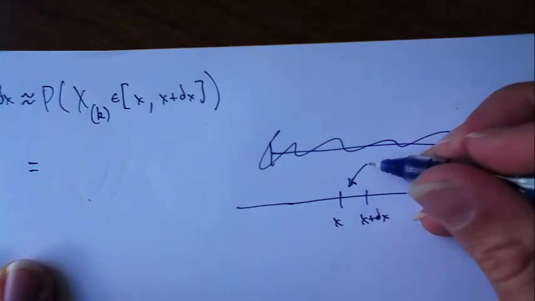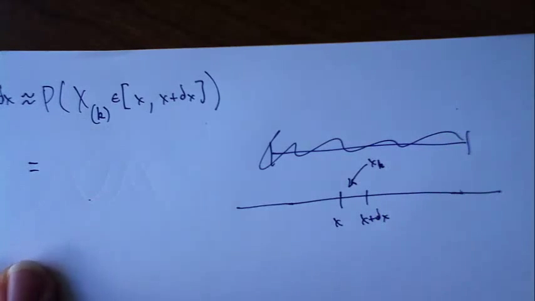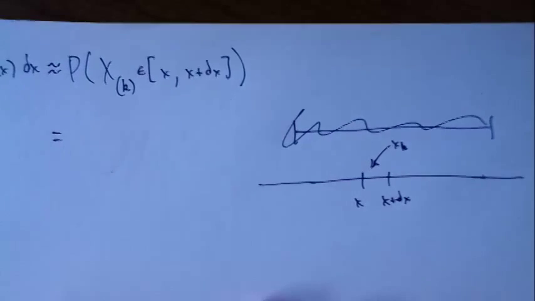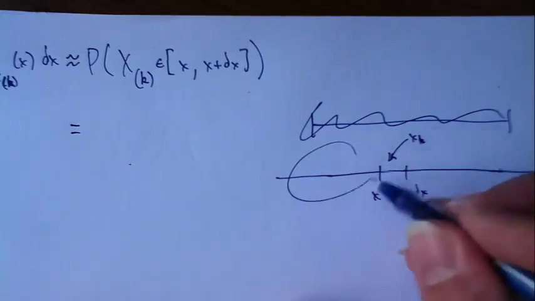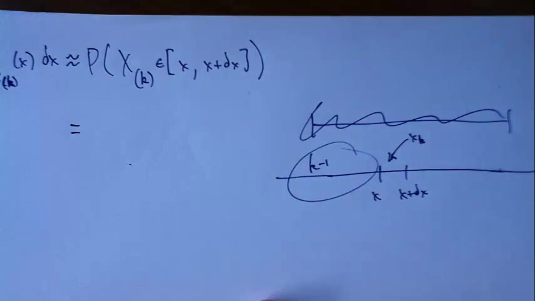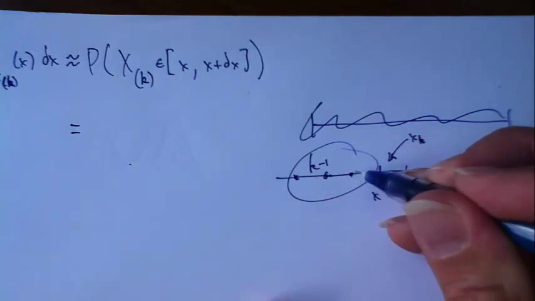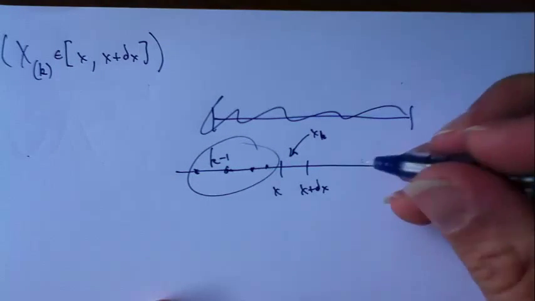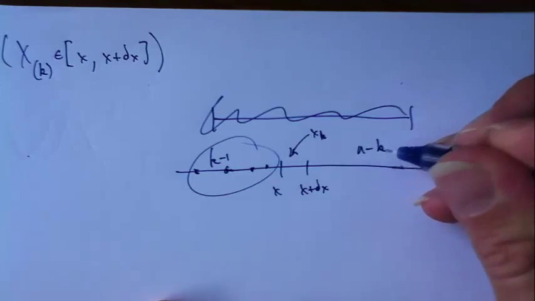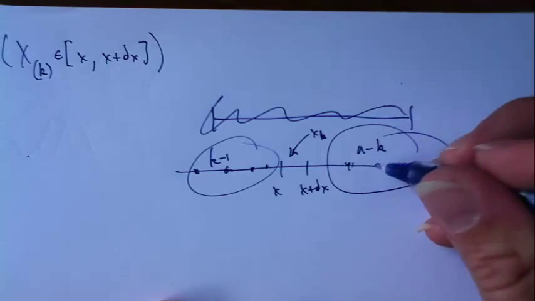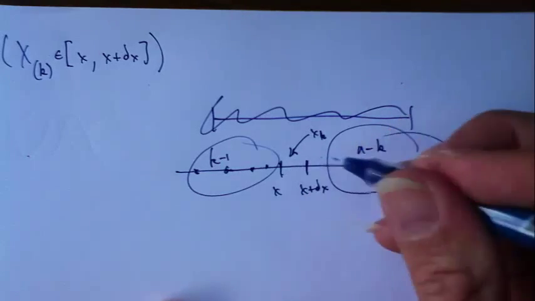I get the kth one in there. The kth one is going to occur in there if and only if you get k minus 1 of those random variables hitting over there, and n minus k of them falling over here to the right of this tiny little interval.